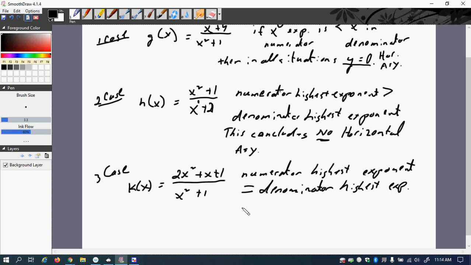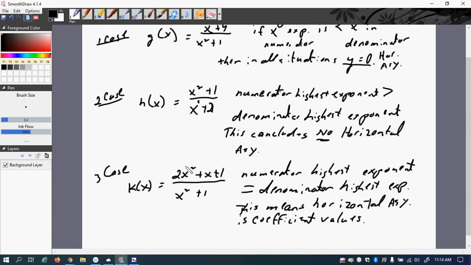And so this means that the horizontal asymptote is actually the coefficient. It actually is the coefficient values.